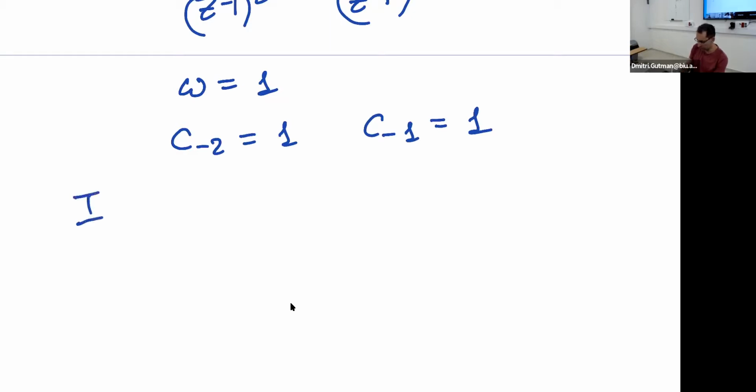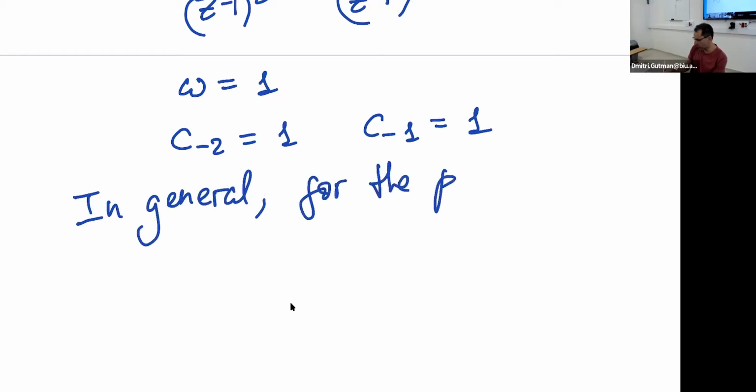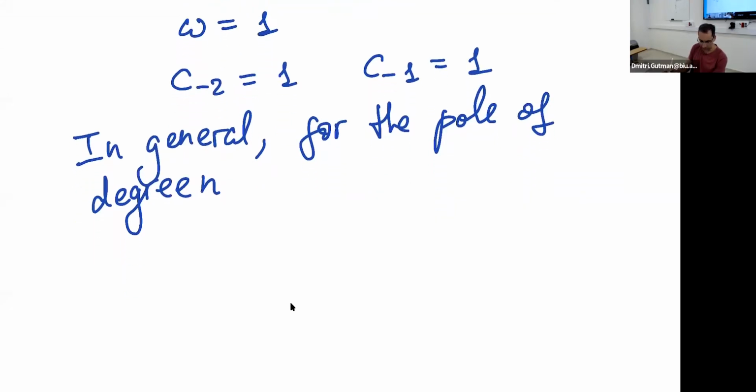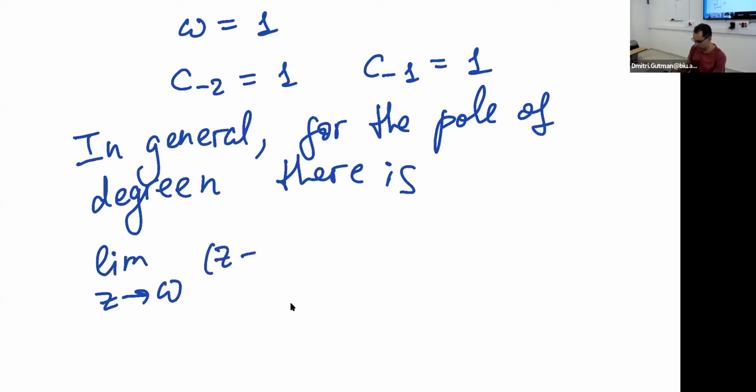In general, for a pole of degree n, there is a finite limit as z approaches w of (z minus w) to the power n times f of z, equal to c minus n.